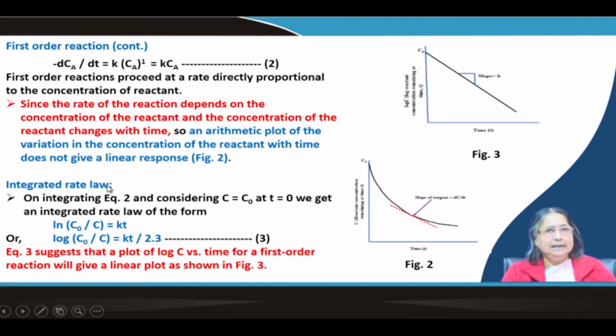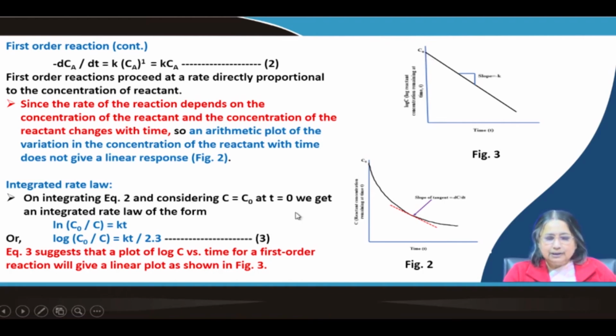Now if we apply the integrated rate law, then on integrating this equation we will get ln C0/C equals kt, or you can put it in log terms also: log C0/C equals kt/2.3. Or you can do this also: you can plot log C versus t. If you plot log C versus t, then you will get a straight line with negative slope, because it is the reactant, so it will decrease, and the intercept will be nothing but C0.